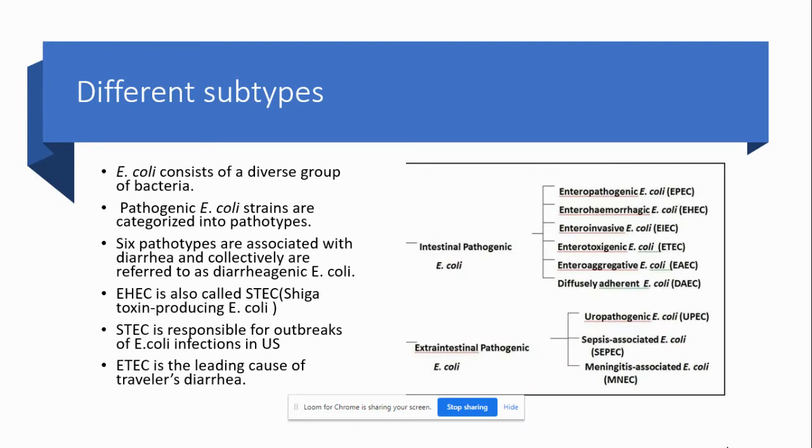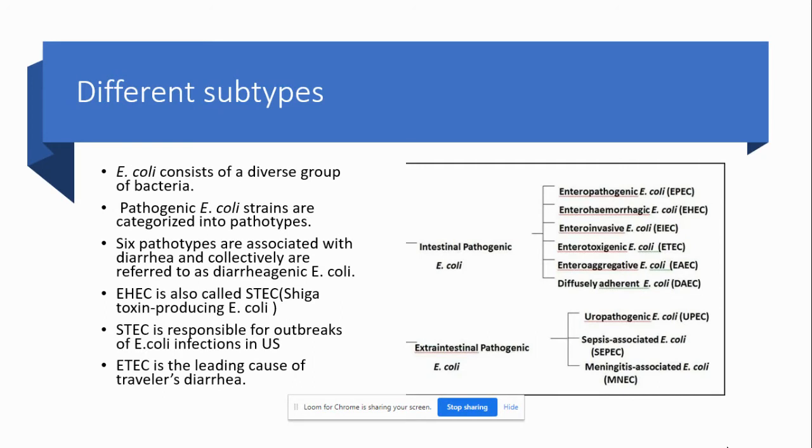Different subtypes of E. coli, because it is a very diverse group of bacteria. There are many different subtypes. The pathogenic E. coli strains are categorized into pathotypes. There are 6 pathotypes that are associated with diarrhea and also collectively called the diarrheagenic E. coli.